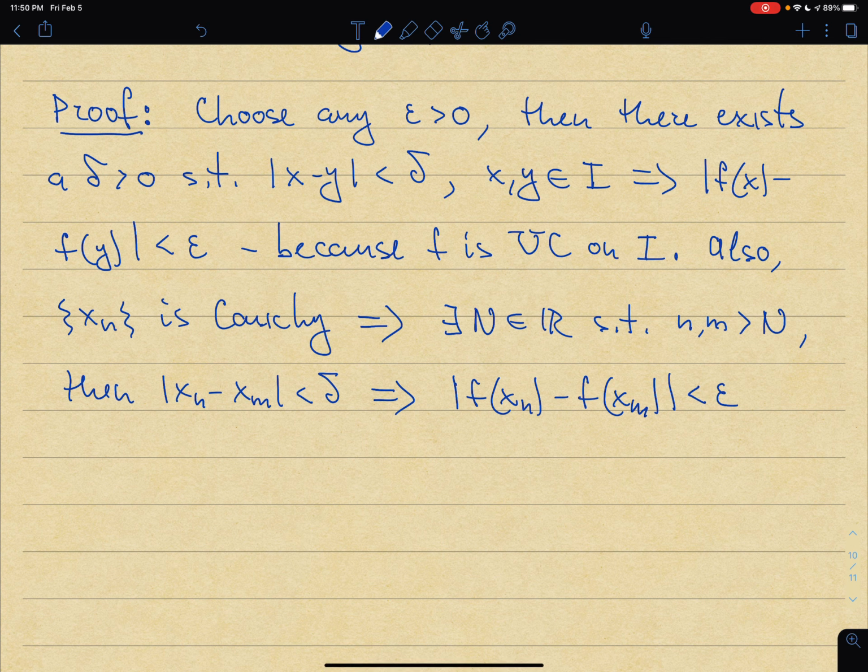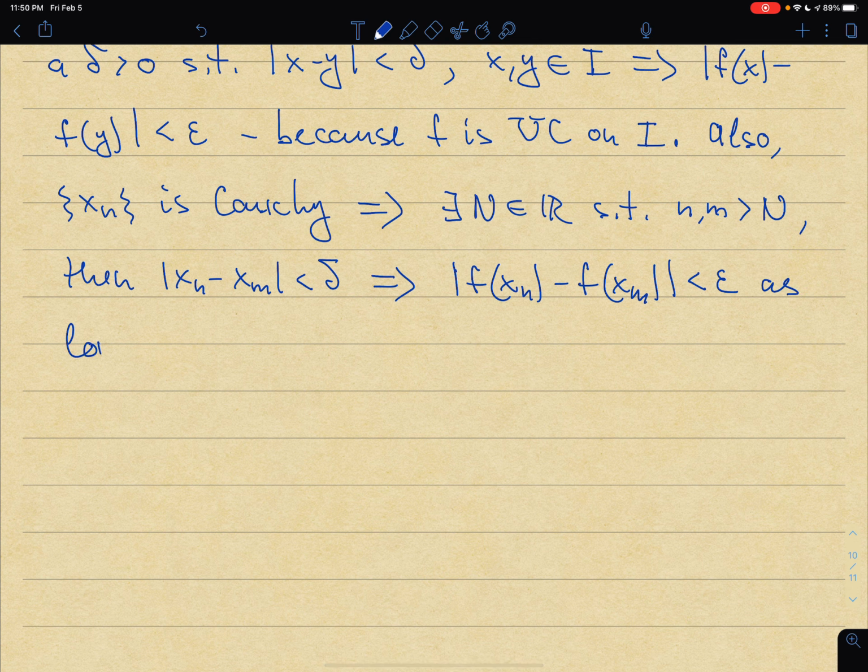So in other words, for any epsilon greater than 0, there exists a capital N in R such that n and m bigger than capital N implies that this is true. So that means that the sequence f of xn is Cauchy.